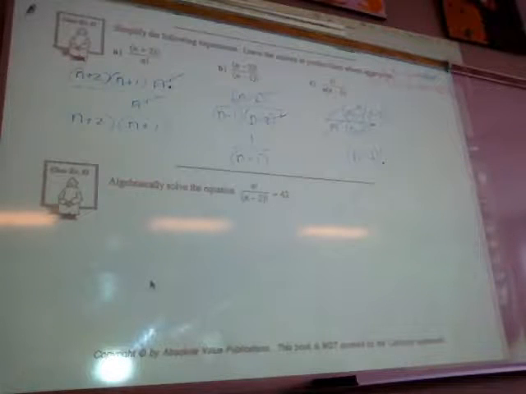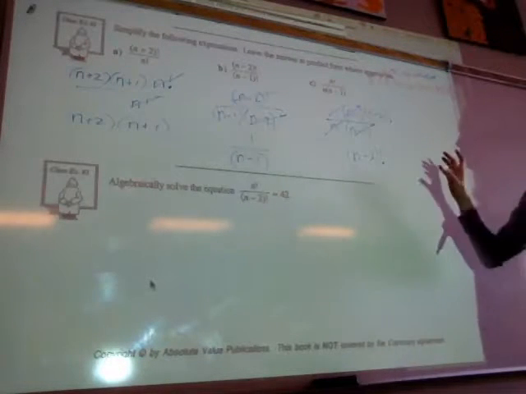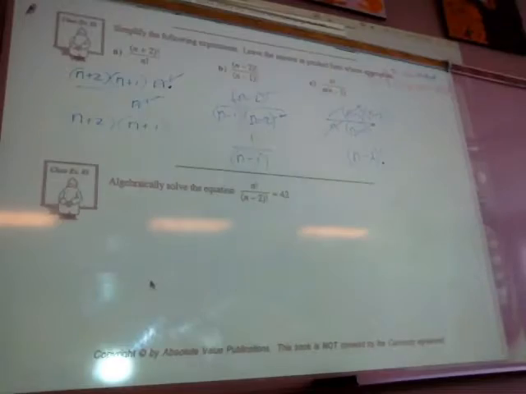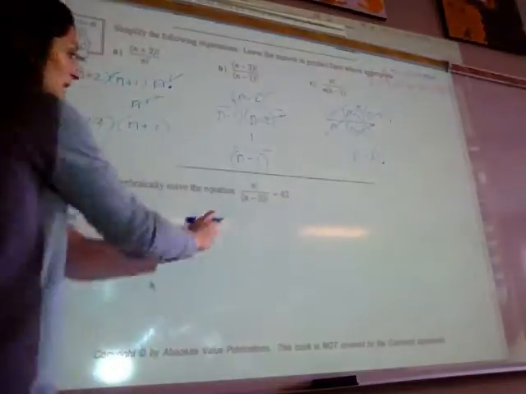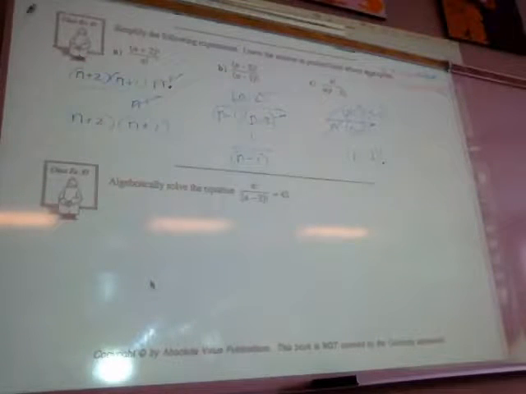Knowing that we can simplify these factors in factorial notation, we can then solve equations. So we have n factorial over n minus 2 factorial equals 42.